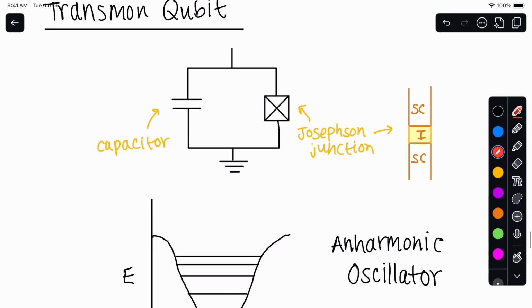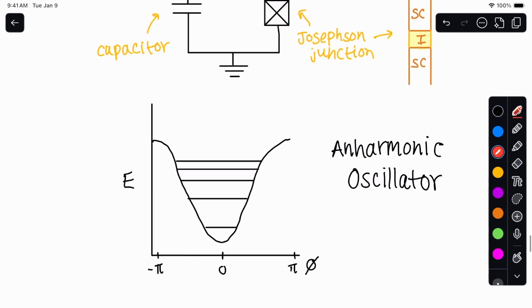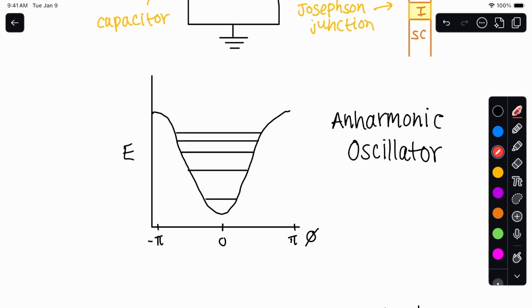This nonlinearity adds some anharmonicity into the system. So now we have an anharmonic oscillator, and the energy levels become unevenly spaced, where the gap between the first two energy levels is the largest, and then they get smaller after that. So now we have a well-defined two-level system that we can use, the ground state and the first excited state.